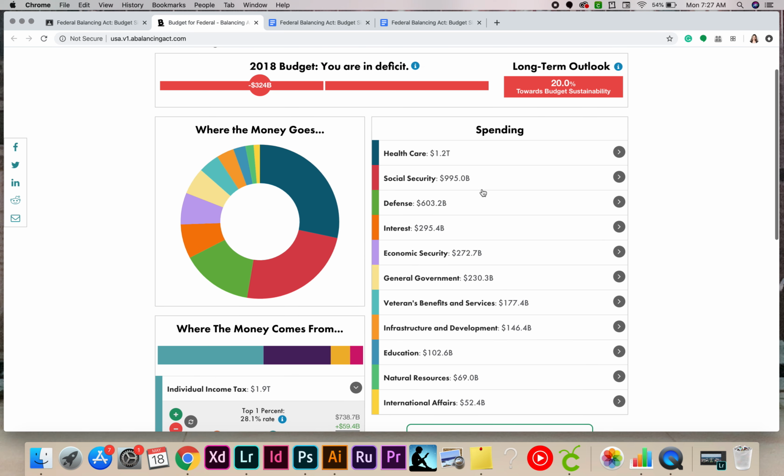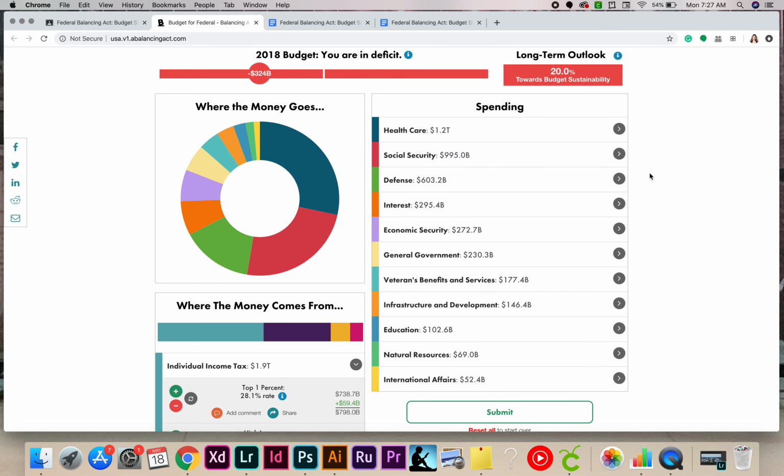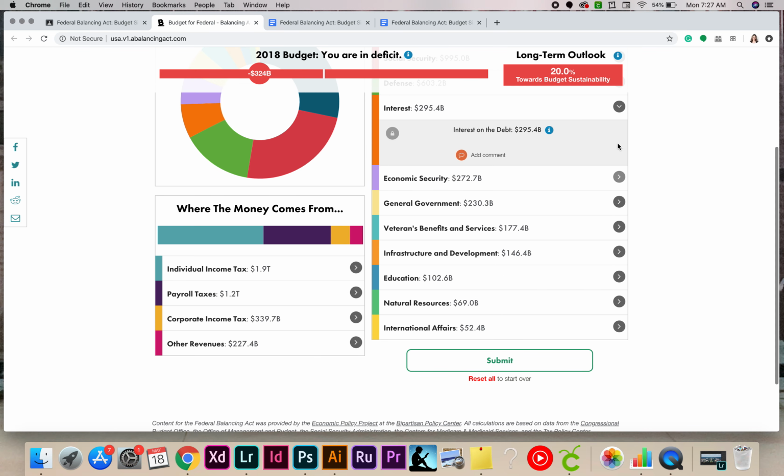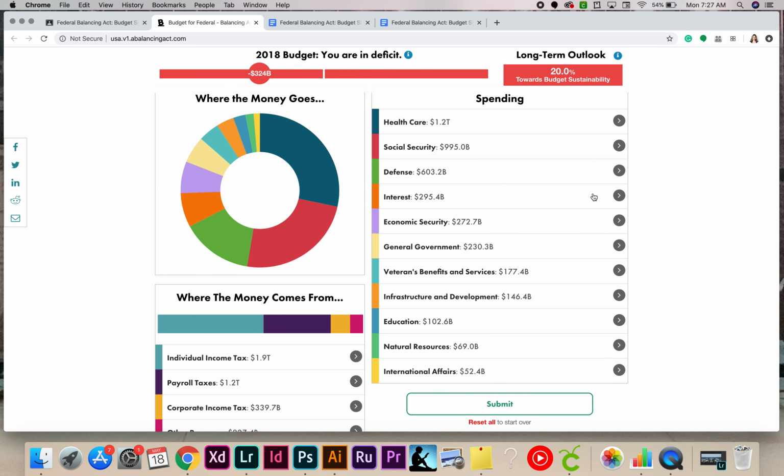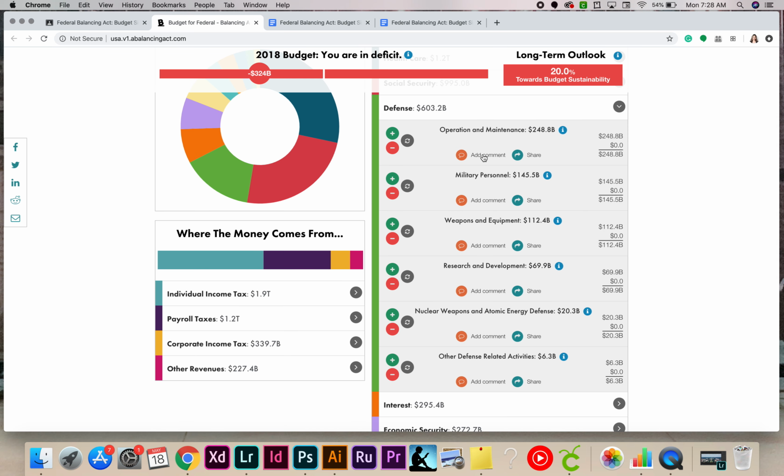And then you might also cut some things in your expenditures. Remember, interest is an uncontrollable. We can't really do anything with that. But with our discretionary funding, maybe we could cut back on defense, because defense is actually one of the more expensive things that we spend our money on.